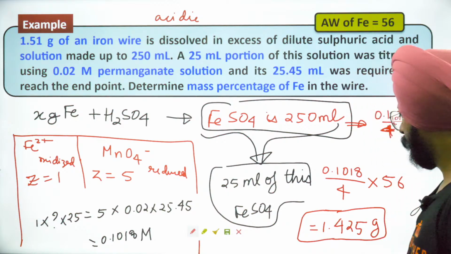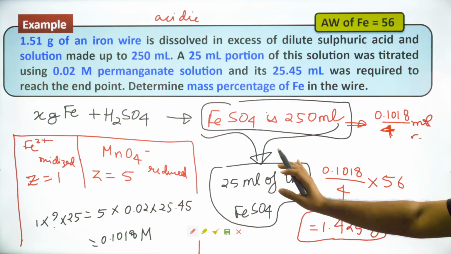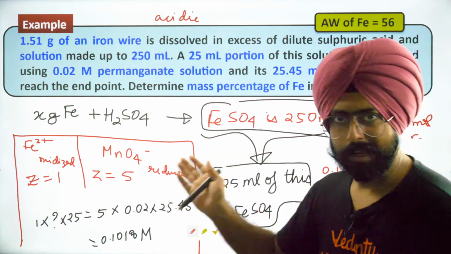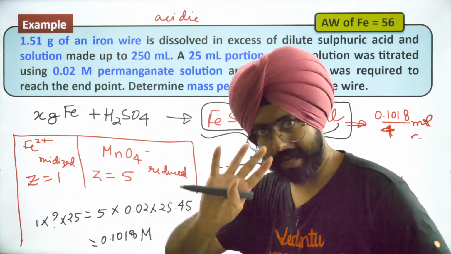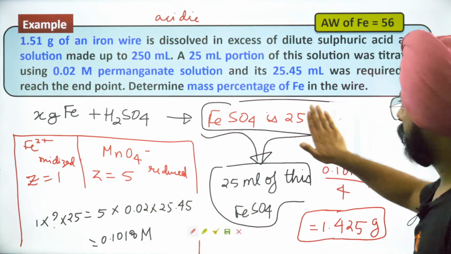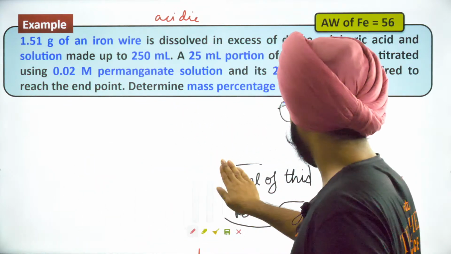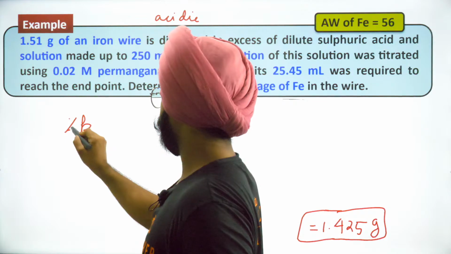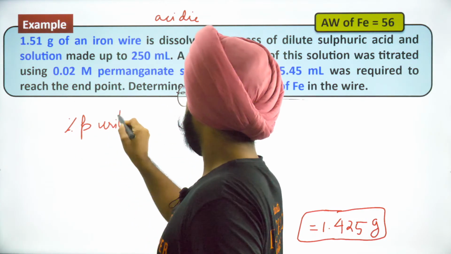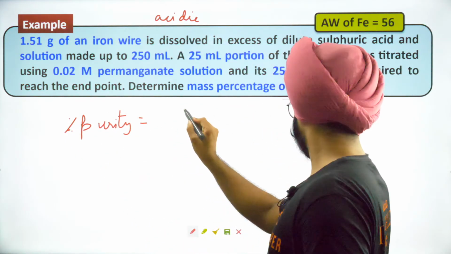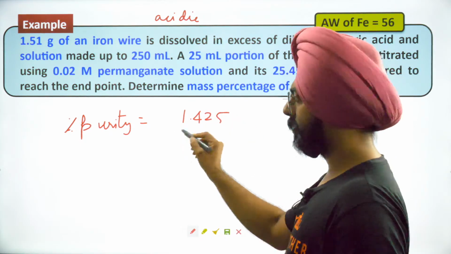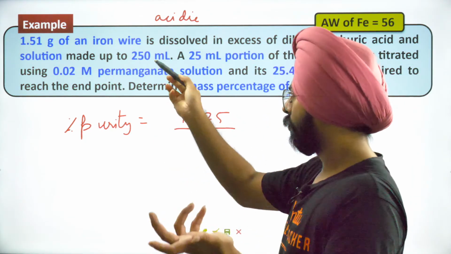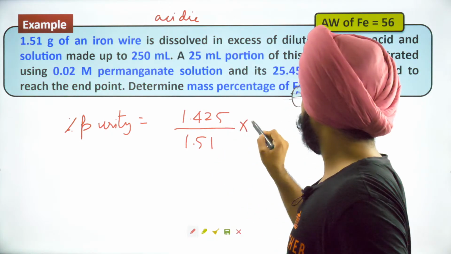Okay, so I'm going to erase everything now. If you need the explanation once again, rewind it, watch it again. Otherwise, I'll summarize the explanation for you once again. So percentage purity is equal to 1.425, that is the actual weight of iron, upon the total weight of the impure substance, into 100.